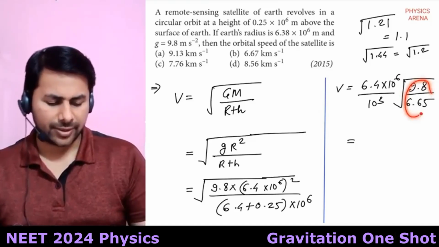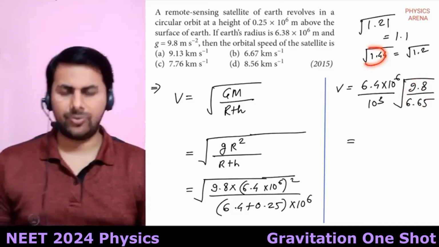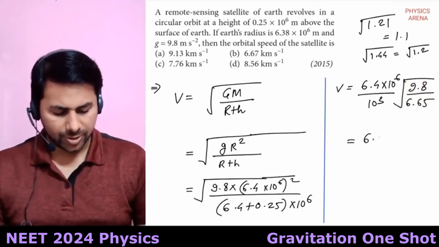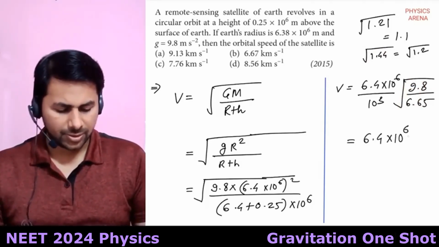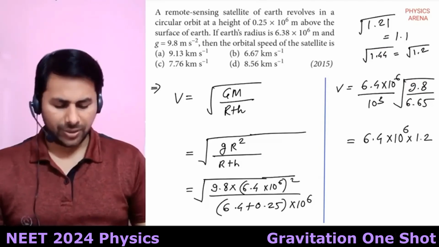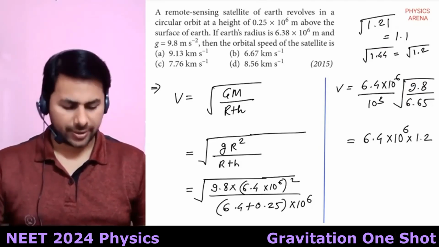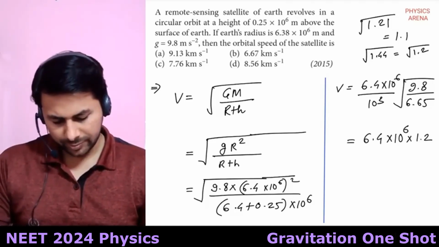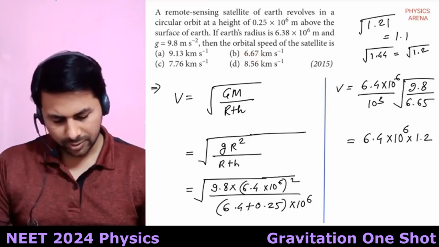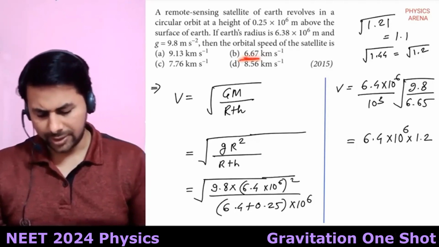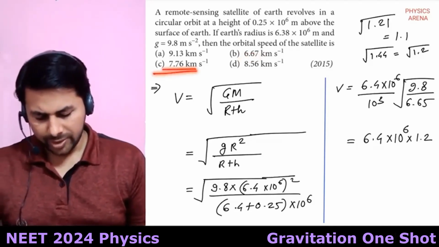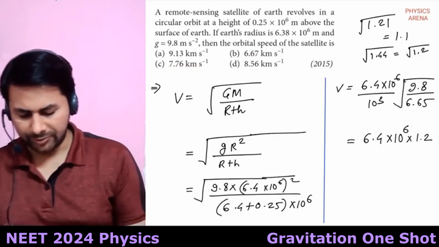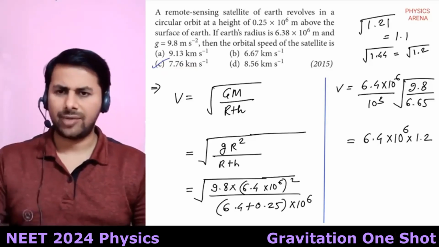It's close to 1.44, so this is nearly equal to 1.2. So you have 6.4 into 10 raised to 6 multiplied by 1.2. This will be greater than 6.4, and it will be near about 7.76. Okay, this is my bet.